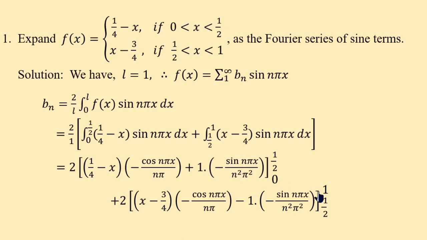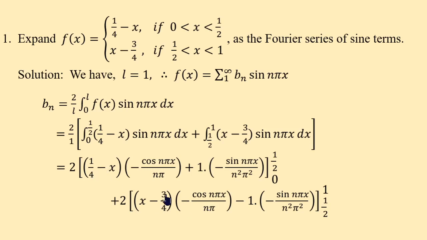And similarly here upper limit 1 means 1 minus 3 by 4 is 1 by 4 with minus sign, minus 1 by 4 cos n pi by n pi. And lower limit half means half minus 3 by 4, that is minus 1 by 4 with minus sign, plus 1 by 4 cos n pi by 2 by n pi.